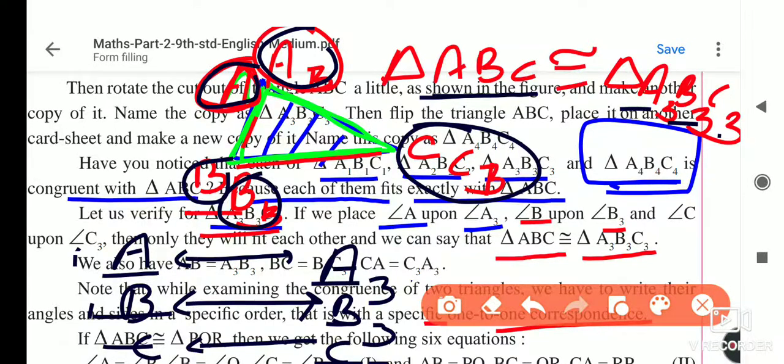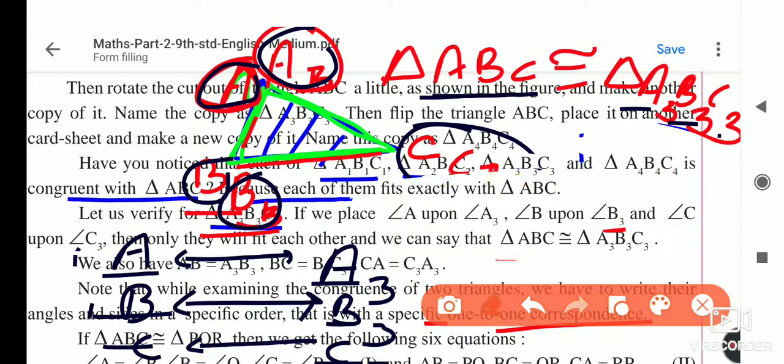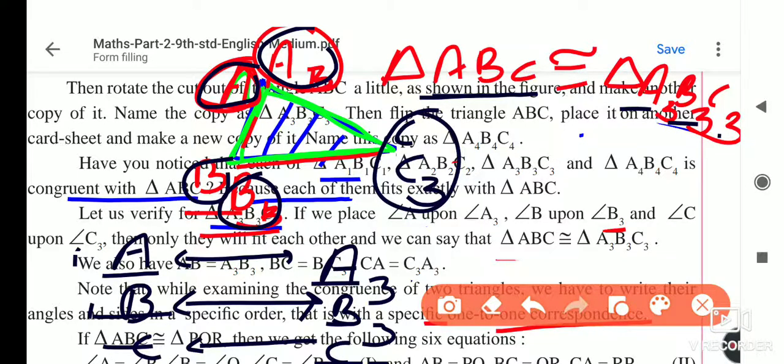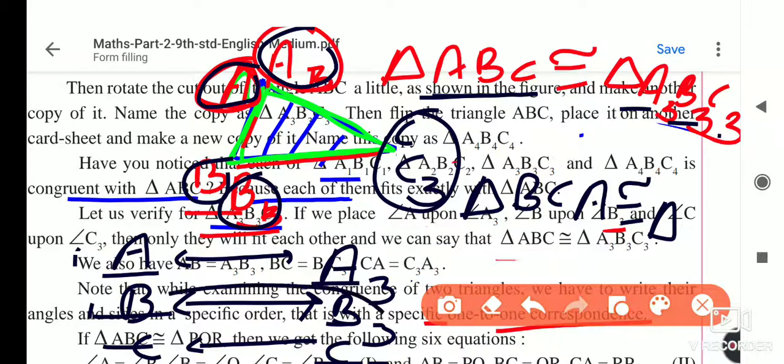If you are changing its order, then what happens? If you want to change the order of it, what do we have to do here? We have to change the order of the other side also. So here it is C and C3. If instead of triangle ABC I read it as BCA, then when I want to show the congruence, I have to write B corresponds with B3.